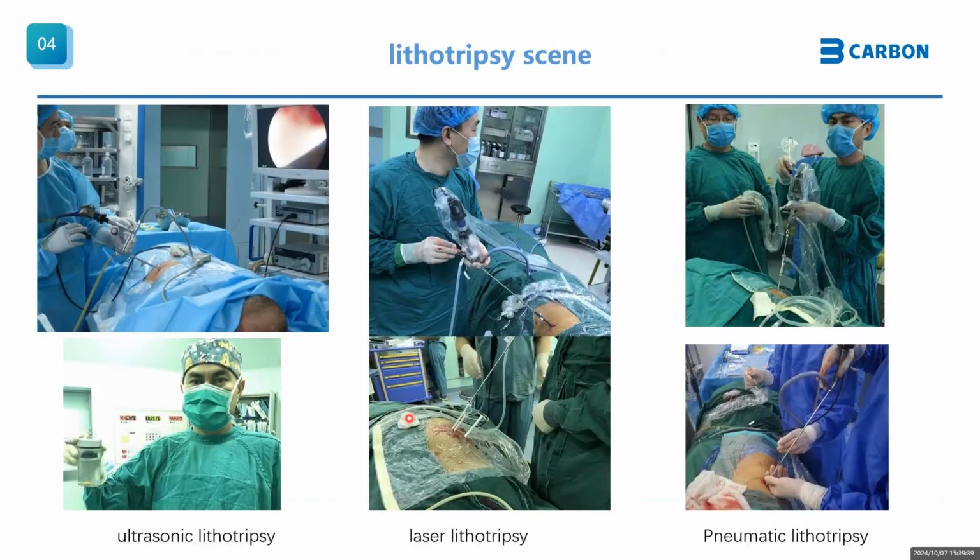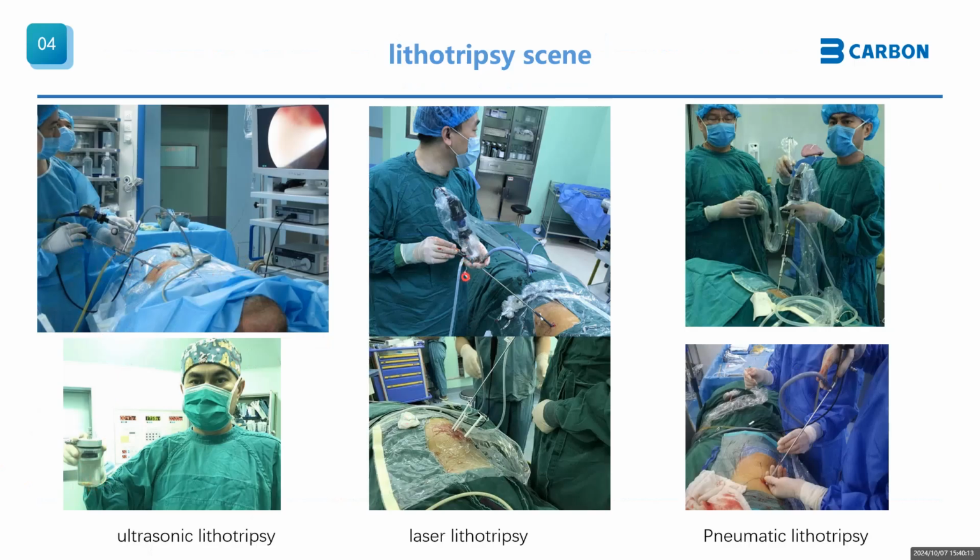And this is a different kind of lithotripsy equipment. This is the ultrasound lithotripsy. For this ultrasound, you have to take a larger access, more than 24 F, to suck out the fragments like this.